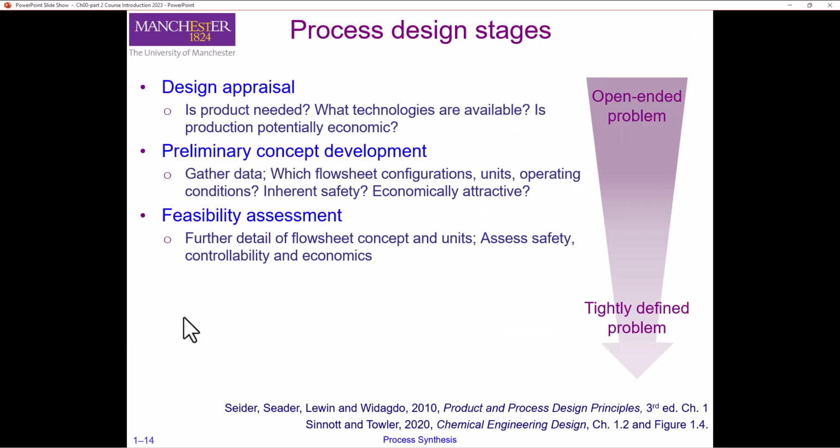So the design of a process typically happens in stages with repeated evaluation as the design is developed. We start with the first step of design appraisal, which explores various high-level questions. For example, is there need or demand for the product or products? Are technologies available to convert the raw material into those products? And how mature are those technologies?